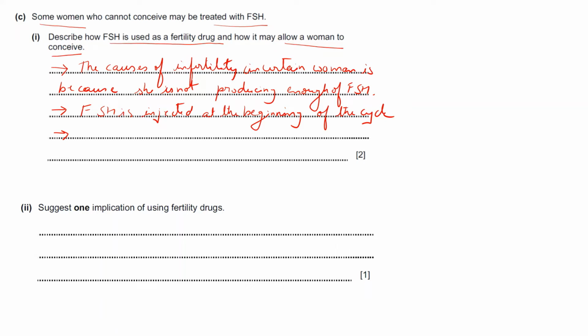So the last point is, the function of FSH is to stimulate the development of the follicle. This question is for 2 marks and I've given you 3 points to be written down. Even if you write 2 points, you will still get marks.